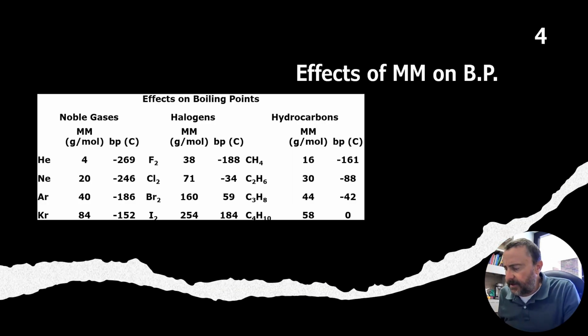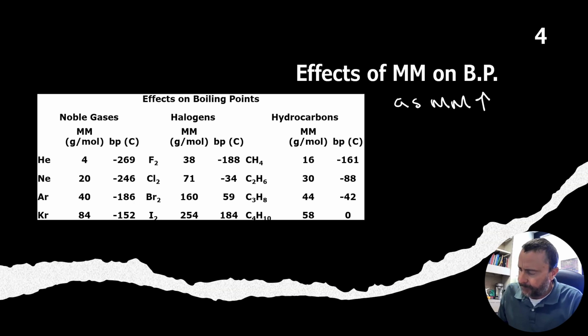Okay, so let's look at the effect of molar mass on the boiling point of something. I've got some different things here: noble gases, halogens, and hydrocarbons. Notice that as the molar mass increases, the boiling point also increases.